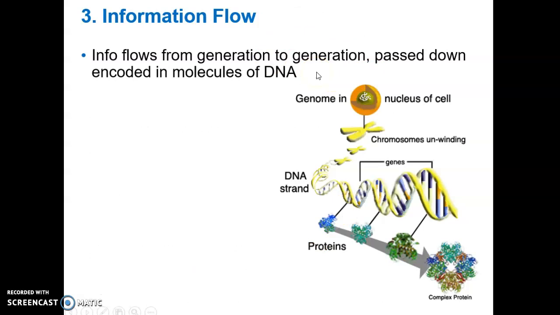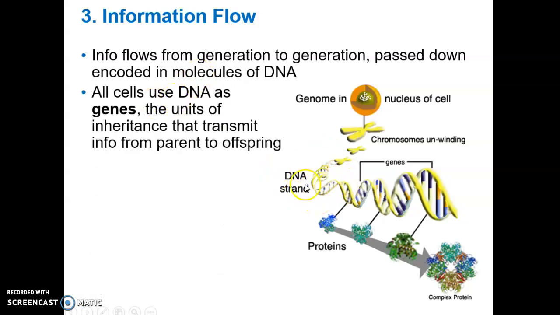So that information goes from generation to generation, whether it's individual to individual, like mom, dad to daughter, or from cell to cell. That information is passed along through the genetic material that's encoded in this molecule called DNA.